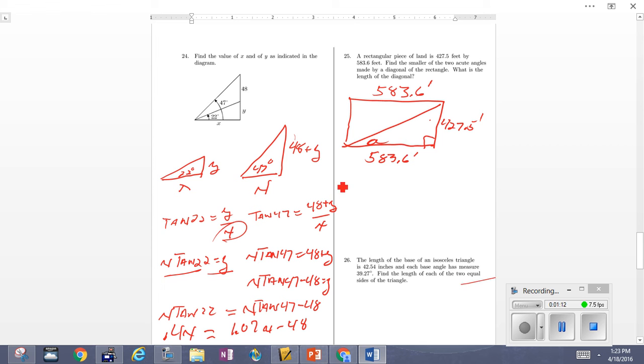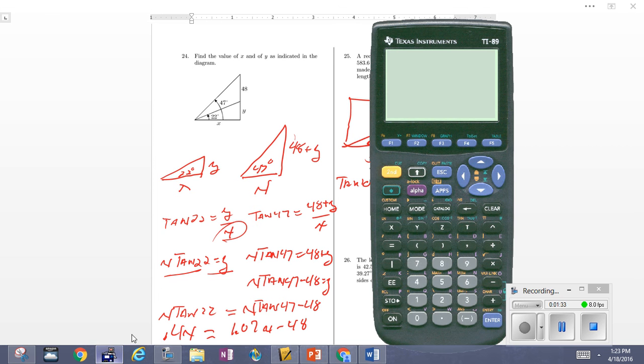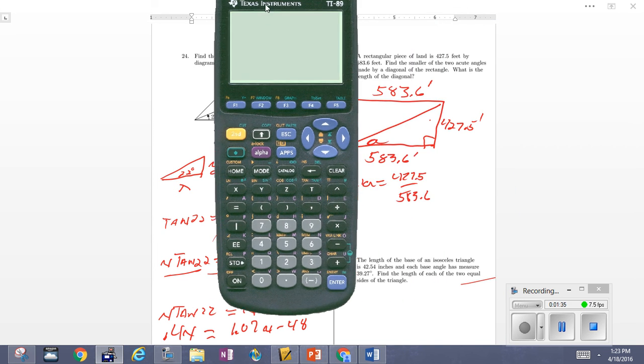That looks like tangent. So the tangent of A is 427.5 over 583.6. Again, we're looking for the angle, so I'll have to use inverse tan and pull up the calculator to do that number crunching right now.